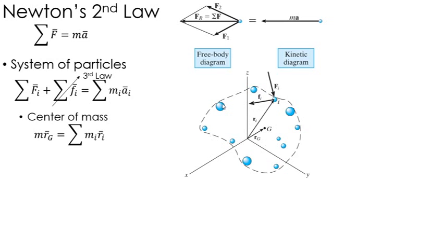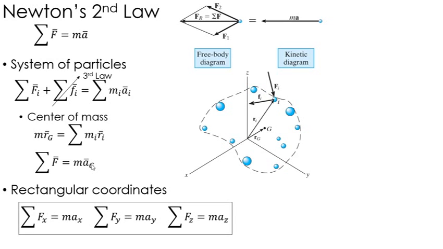Getting gravity out of there, that goes to mass. So I can rewrite for a system of particles: the sum of the external forces equals the total mass of all the particles times the acceleration of the center of gravity. So if you have several particles, you can approximate it that way. It's the sum of the forces equals mass times acceleration.